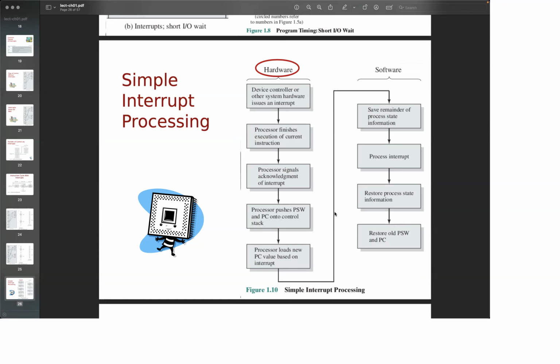Okay, some physical. And then the processor will finish execution of the current instruction. Also, it will signal an acknowledgement of the interrupt. So in case we detect an interrupt, then it will push the PSW and the program counter onto a control stack. Sometimes it is called a control stack. We have the stack saving the program counter, so we know the program counter is telling us which next memory address to go to.